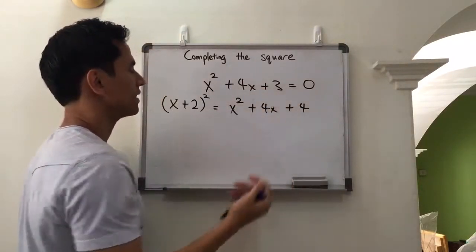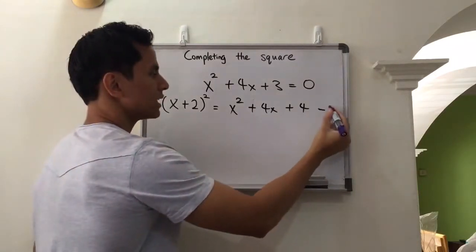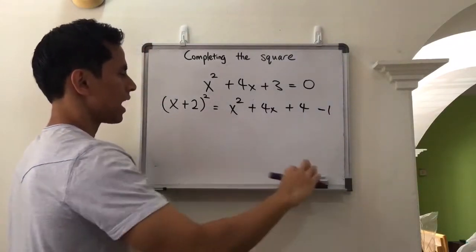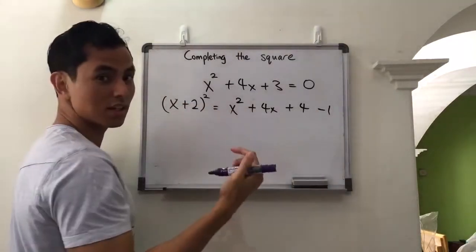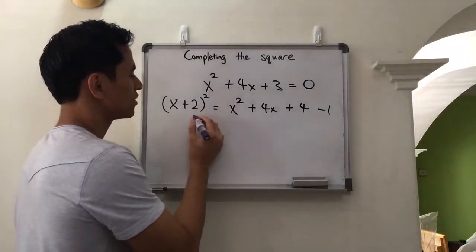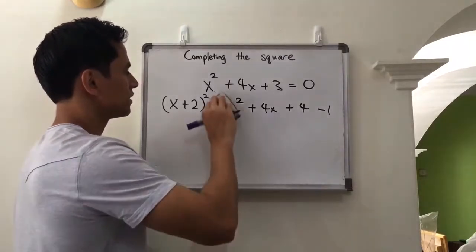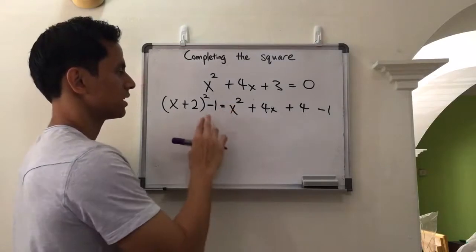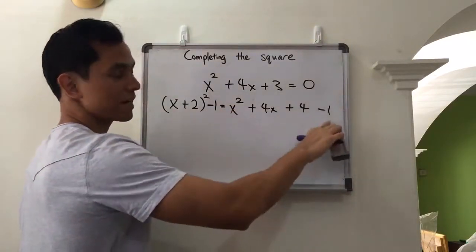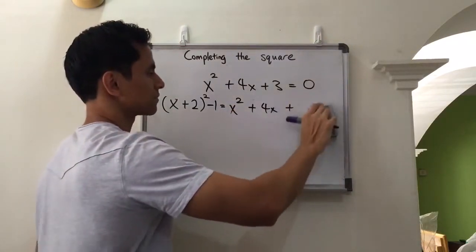I just need to minus a 1. If I minus 1 here, I would also have to minus 1 on the left hand side, right? Because this equals to this. Yes? So that's very true. Now let me just do that. I'll minus a 1 here. This will be equals to this. And we know that plus 4 minus 1 gives us positive 3.